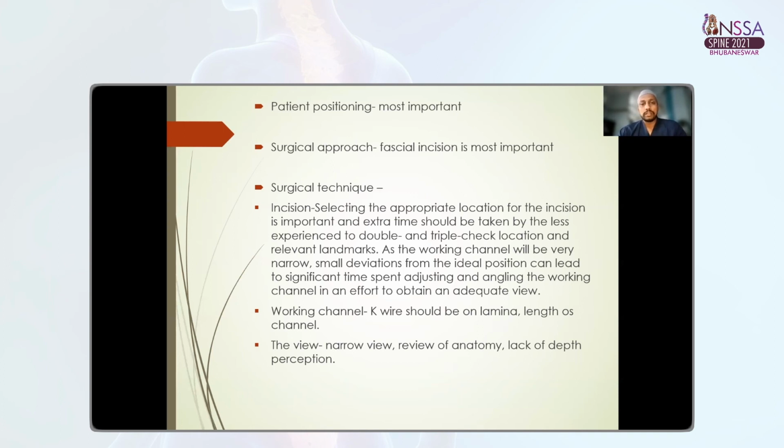What makes the difference for the patient as well as the surgeon? Selecting the appropriate location of the incision is very important. So you have to spend extra time. You have to double check, triple check the location and relevant landmarks of the incision, as the working channel will be narrow. So a small deviation in the ideal location of the incision can make life difficult intraoperatively.